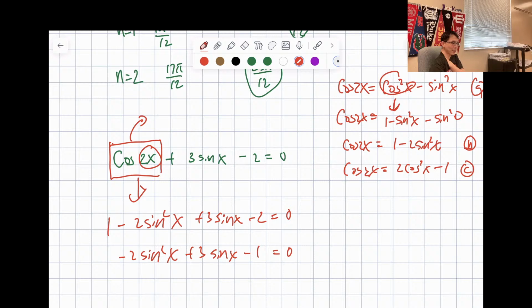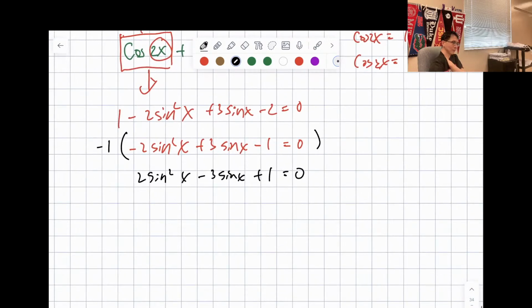I think that's a very bad thing to factor. So I'm going to multiply this by negative 1. So it's going to be 2 sine squared of x minus 3 sine of x plus 1 is equal to 0. Now, is there any way for me to solve this now? A box, yeah. So can you do the rest? Again, you know how to check your answer in decimals.